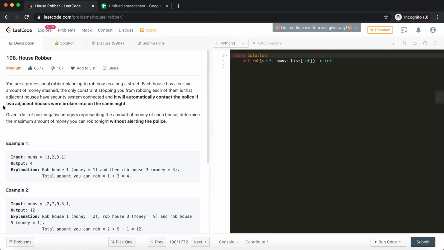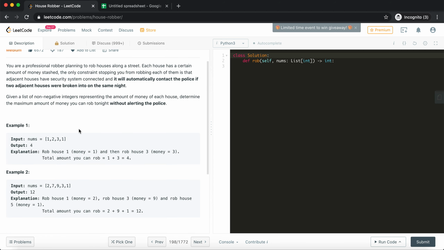We are given a list of non-negative integers representing the amount of money each house has. We need to determine the maximum amount of money we can rob without alerting the police.